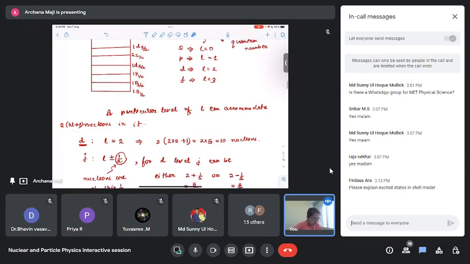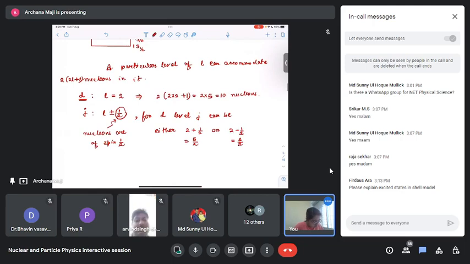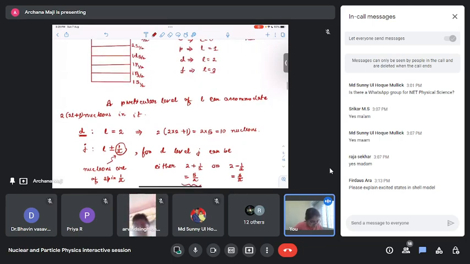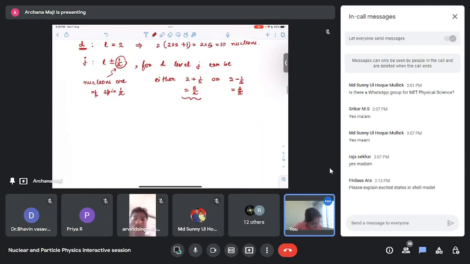Okay, and any particular level like 1D 5 by 2 can contain 2J plus 1 nucleons. So these are the J values that D can take. J is either 5 by 2 or 3 by 2.